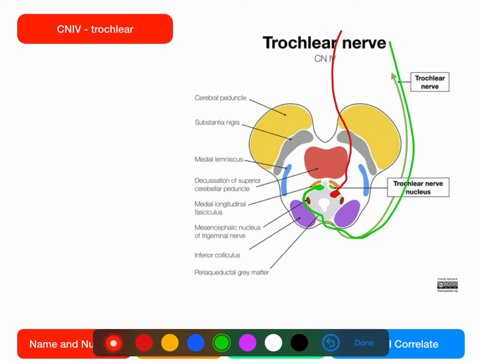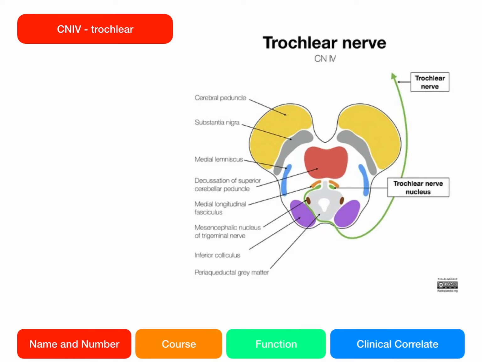So trochlear is a pain in the arse, really. It's long, and it decussates to the other side. So if this is our left trochlear nerve, it's innervating the right muscle. But remember, LR6, SO4, AO3.